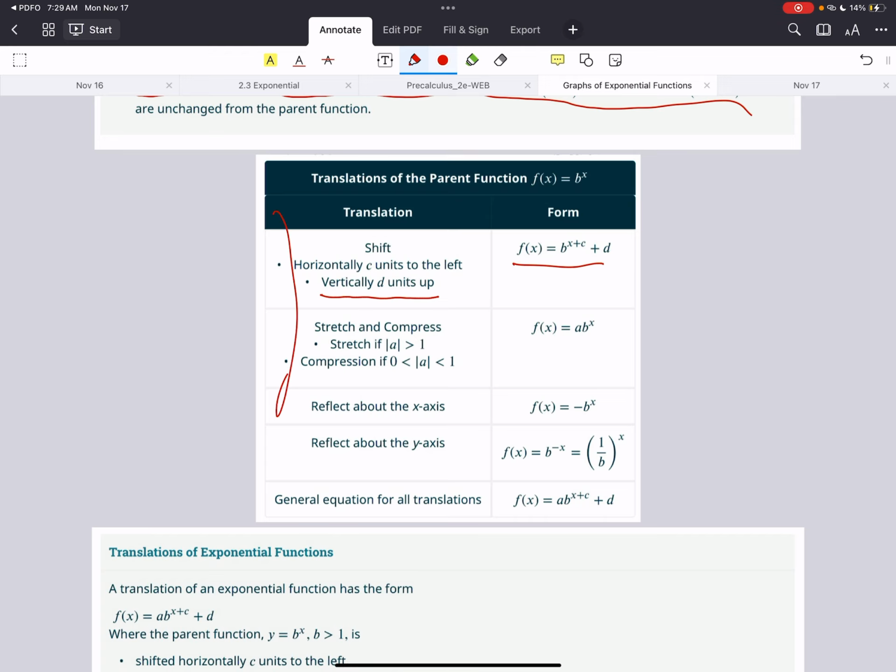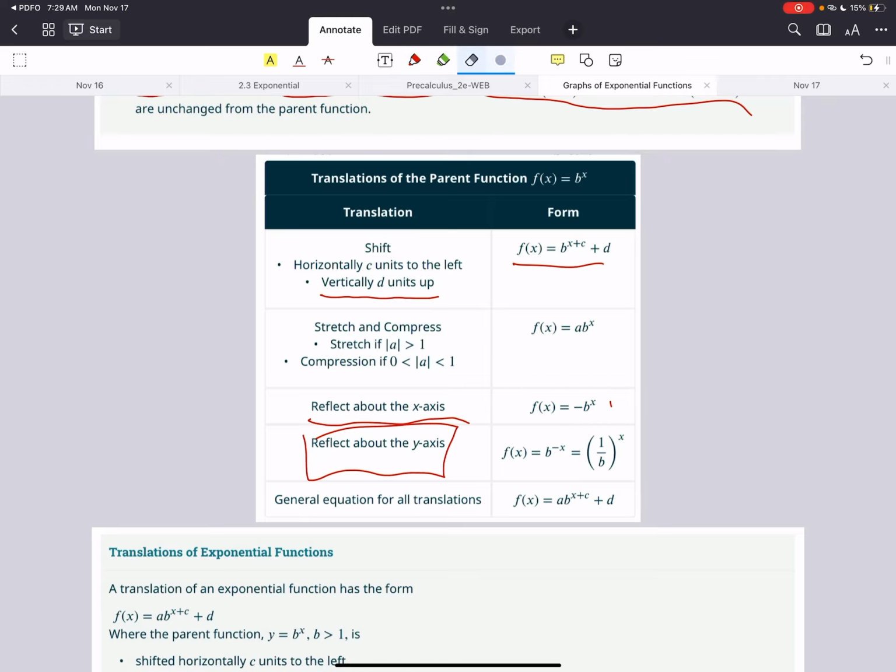This is a summary of everything we just covered. If the absolute value of a is greater than 1, it's stretched. If it's between 0 and 1, it's compressed. It reflects about the x-axis if you multiply the whole function by a negative, and about the y-axis if you multiply only the x value by a negative.